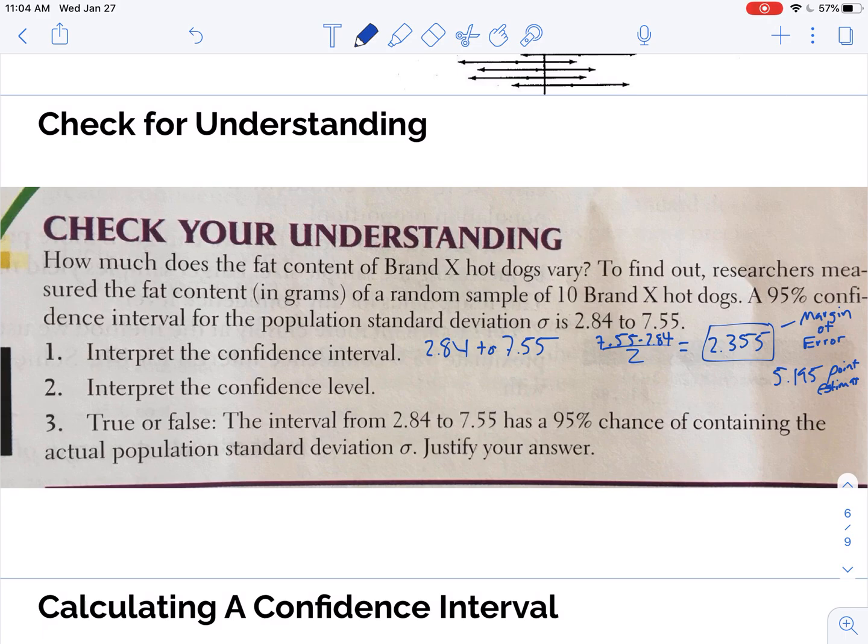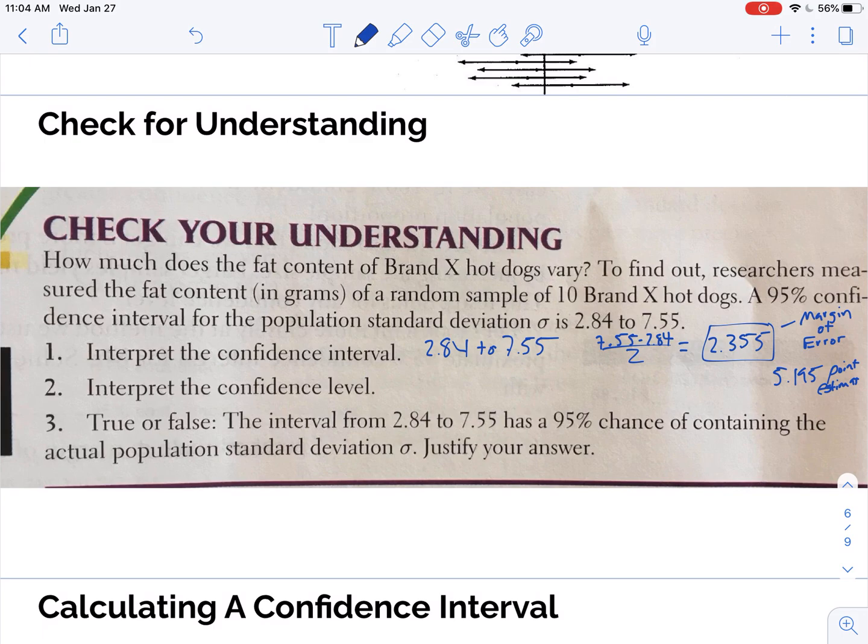Then we add a margin of error of 2.355 to the top and subtract it, and that gives us our range. Likely the true population mean, the average grams of fat in these hot dogs, is somewhere between 2.84 and 7.55 grams per hot dog.